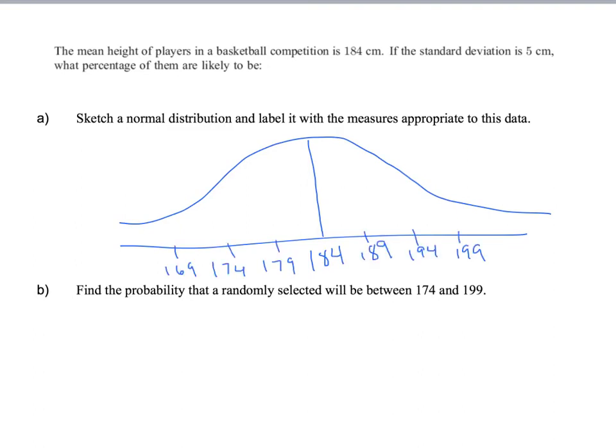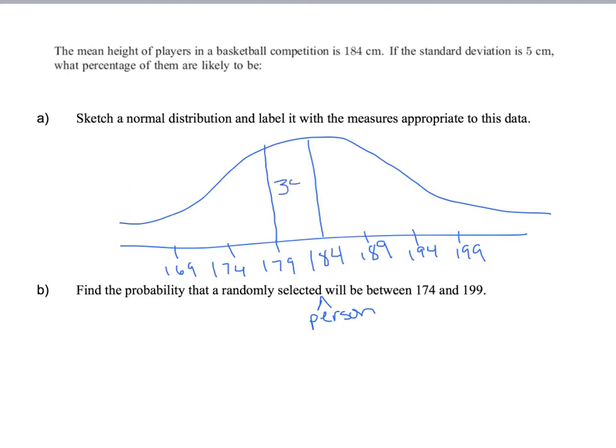Okay, so now we're going to use this to find the probability that a randomly selected person will be between 174 and 199. This might be where it would be helpful for you to put your probabilities or percentages in.